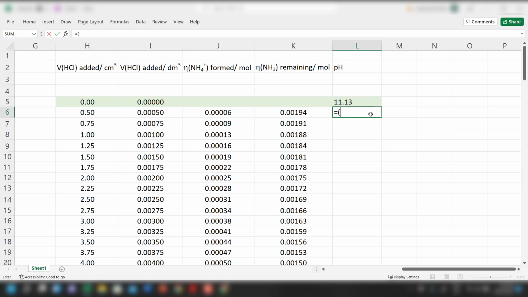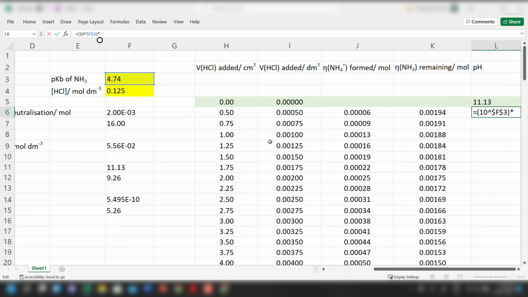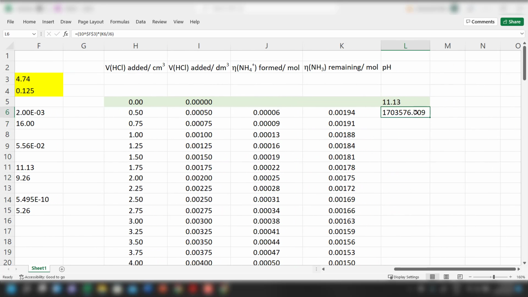So that will be 10 to the power of 4.74. So that's the KB here. But we know that this cell is fixed, so we're going to put a $ sign. And multiply by this particular cell divided by this particular cell. And then we just put an equal sign over here.